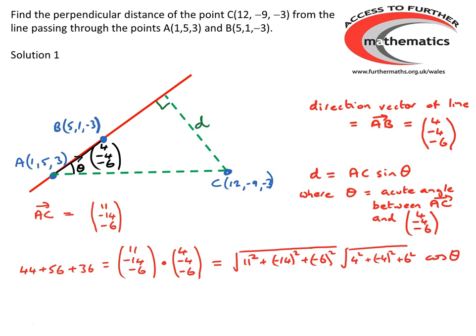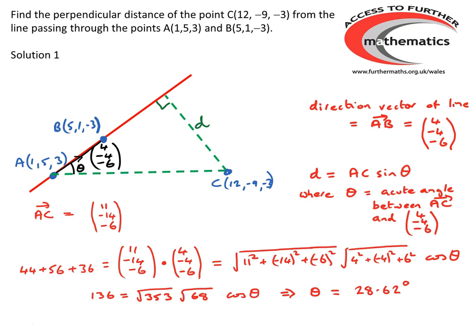Numerically, that gives me 44 plus 56 plus 36 must equal the length of A to C times the length of the direction vector times the cos of the angle between the two vectors. So simplifying that, we've got 136 equals root of 353 times the root of 68 times cos theta. So cos theta equals 136 divided by root 353 root 68.